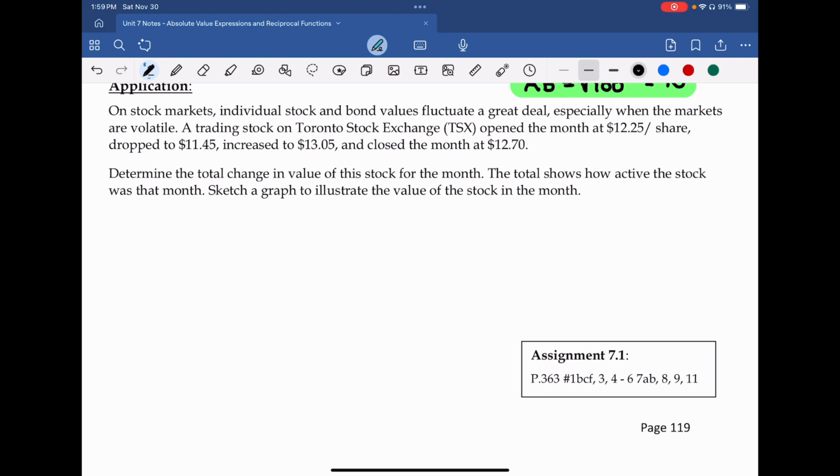A stock trading on the Toronto Stock Exchange, the TSX, opened at the beginning of the month at $12.25 per share. It then dropped to $11.45, increased back to $13.05, and finally closed the month at $12.70. Determine the total change in the stock over this month, and this total will represent the activity of the stock for the month, or how active it was.